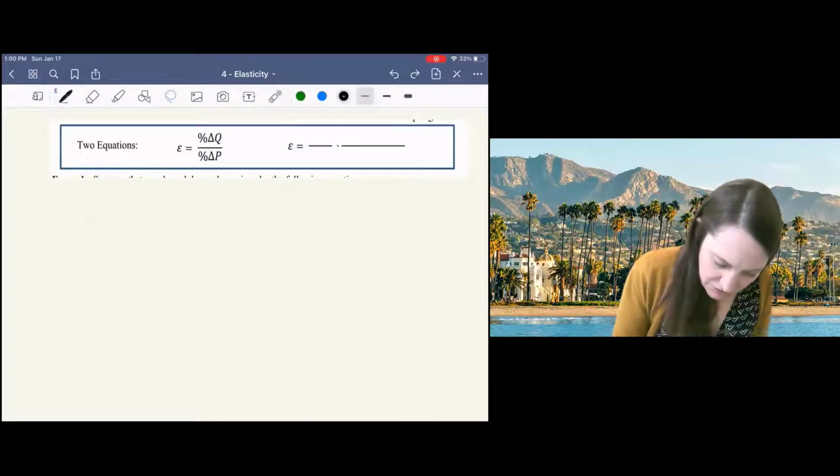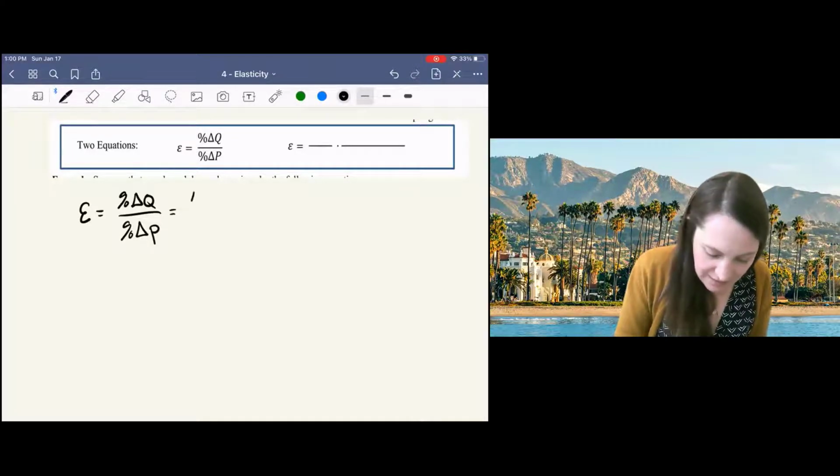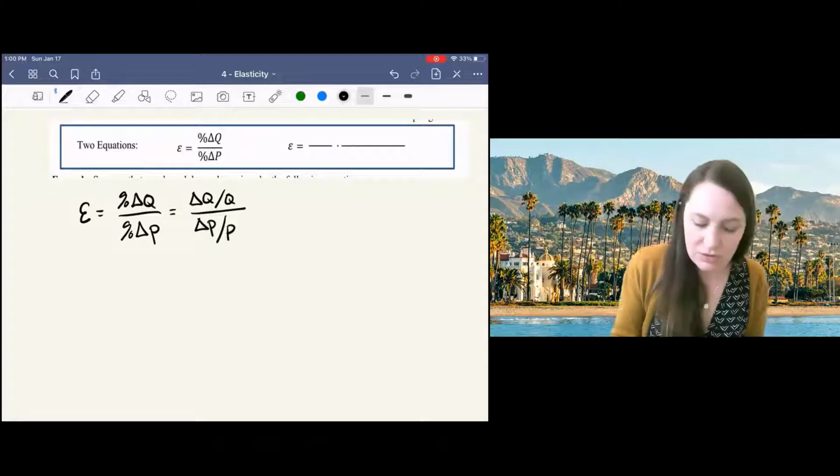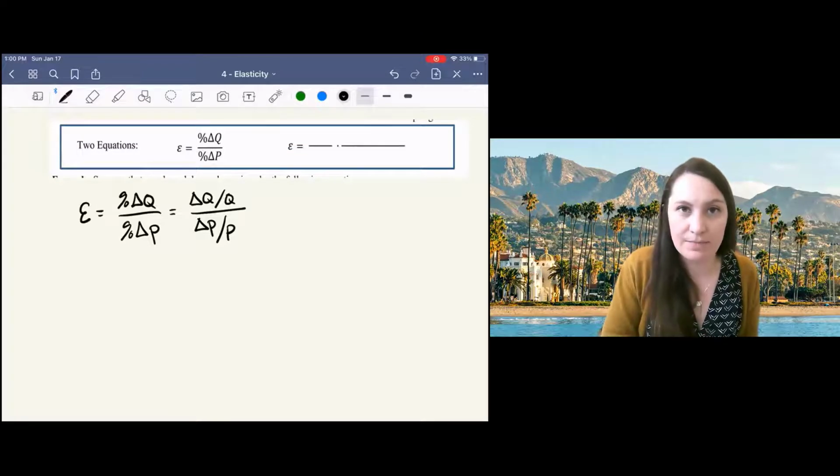All right, so we've got percent change in quantity over percent change in price, which we calculate as new minus old over old divided by new minus old over old. So we have change in quantity over quantity divided by change in price over price.